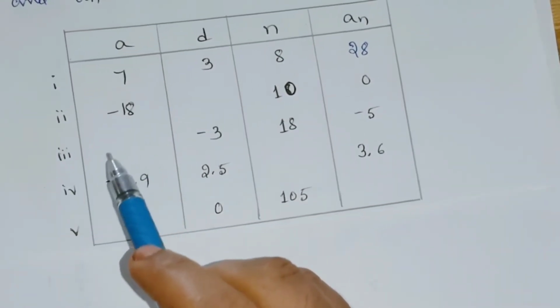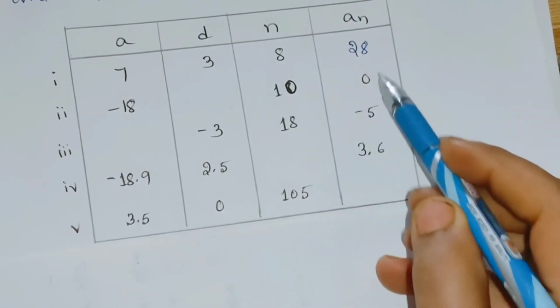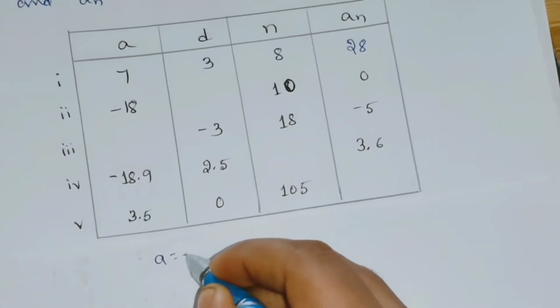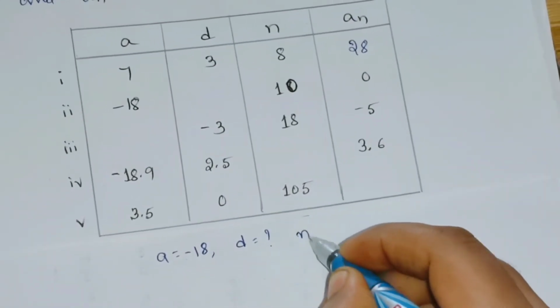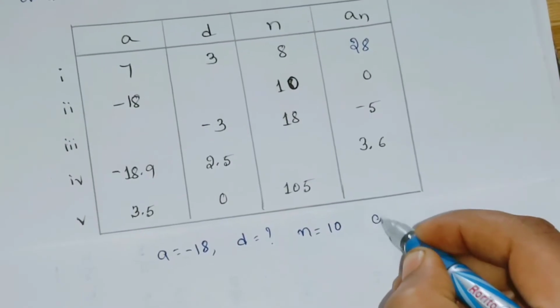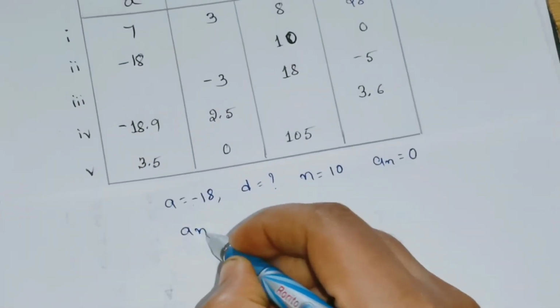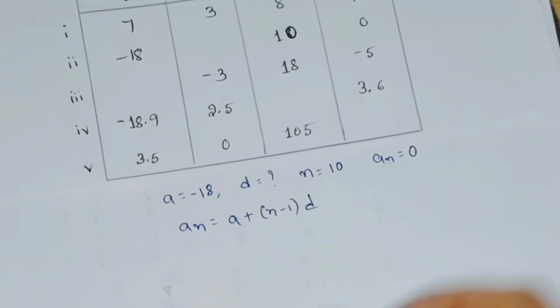Let us see the second problem. a is given, that is minus 18. d you have to find out. n is equal to 10 and an is equal to 0. Write a is equal to minus 18, d is equal to question mark, n is equal to 10 and an is equal to 0. Write the formula. an is equal to a plus n minus 1 into d.